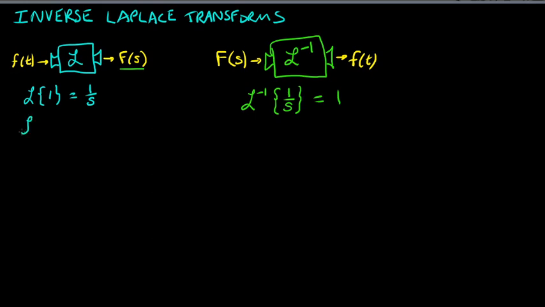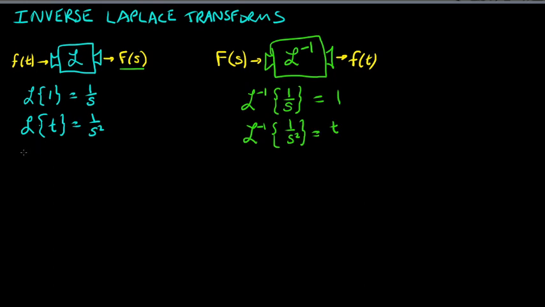So remember, the Laplace transform of t was 1 over s squared. So now the inverse Laplace transform of 1 over s squared is just t.